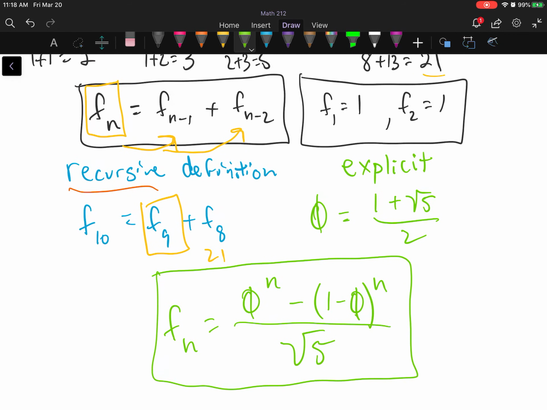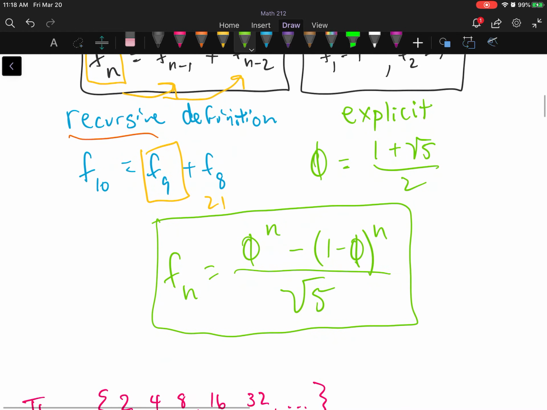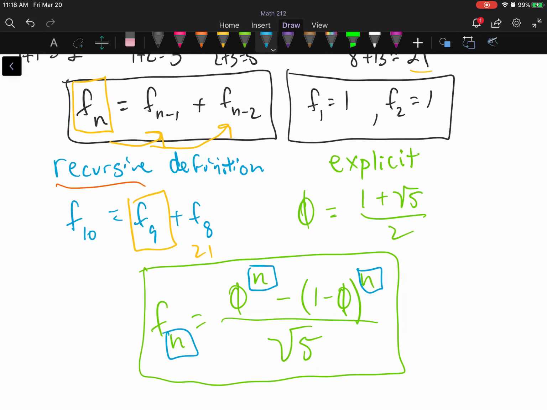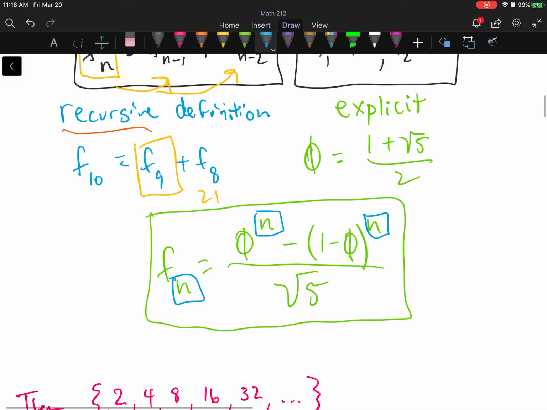So if I wanted to calculate the 100th Fibonacci number here, I could just put in 100 for every n that I see and take those powers, and it would actually work. But yeah, the way to calculate that, at least in a linear algebra sense, is you convert the second order differential equation into a matrix equation, and you look at eigenvalues and eigenvectors, and it ends up being really cool.